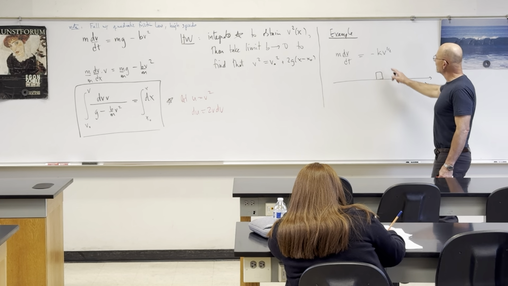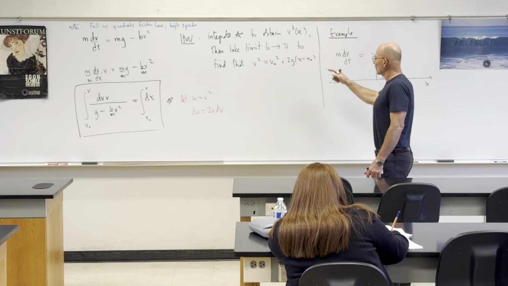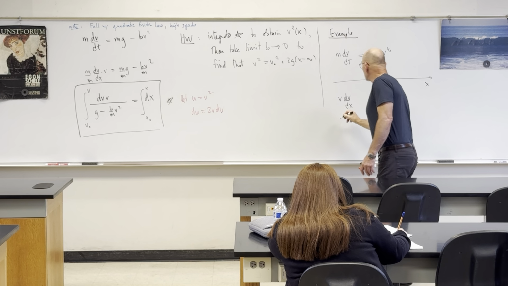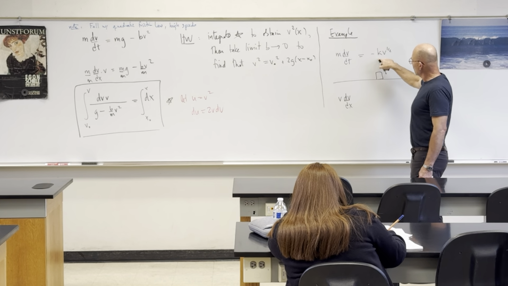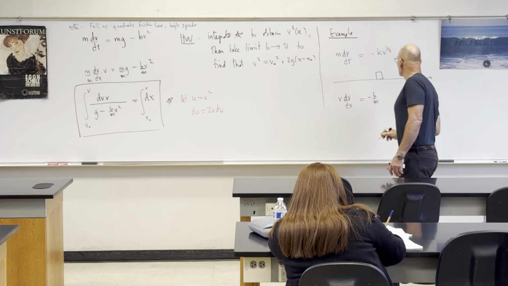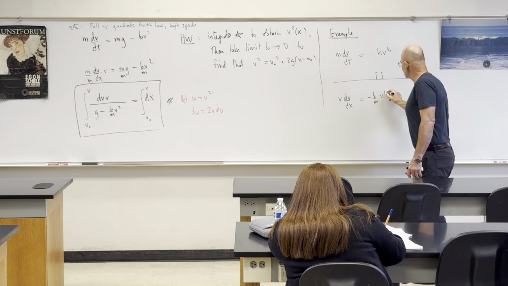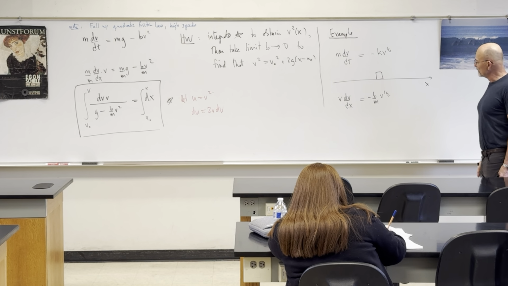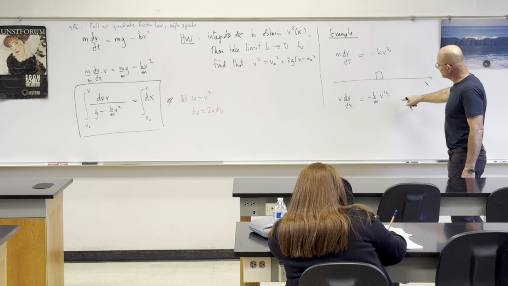So yeah, let's go ahead and see how do we integrate this thing. We're going to use our method there again. So we're going to have v dv/dx for the acceleration. We're going to divide by m both sides, v to the 1/2. And yeah, now we have to do separation of variables again.